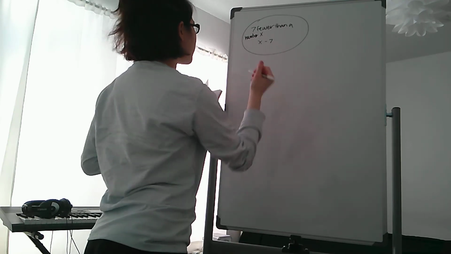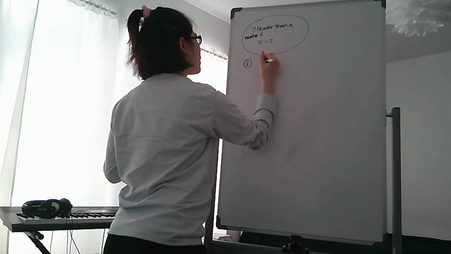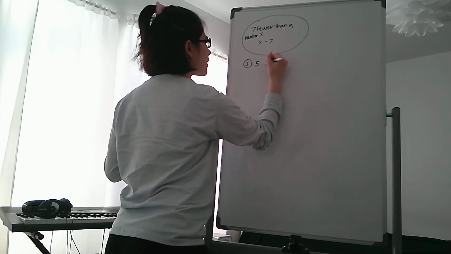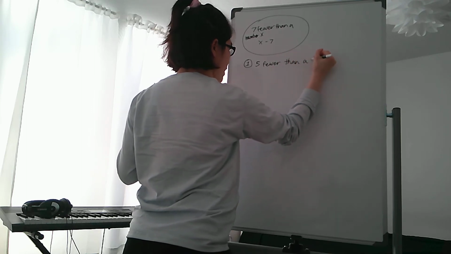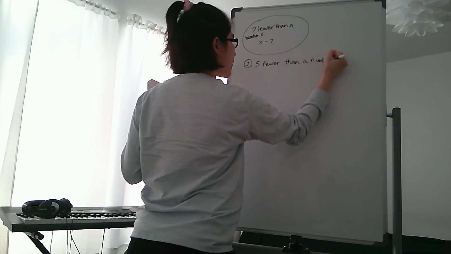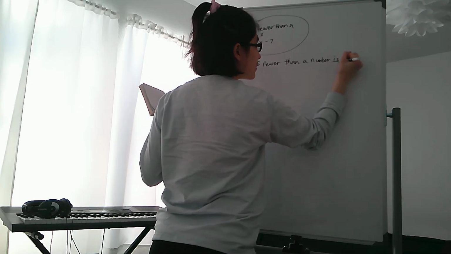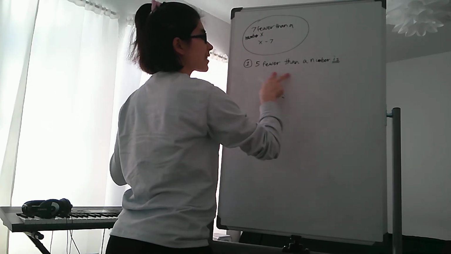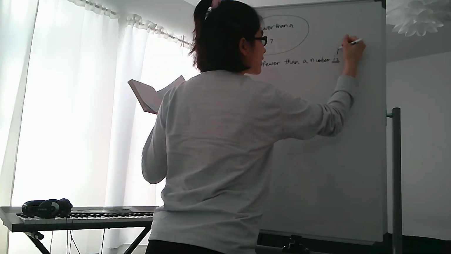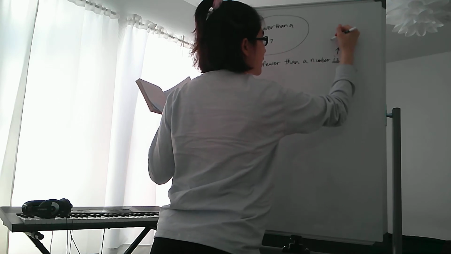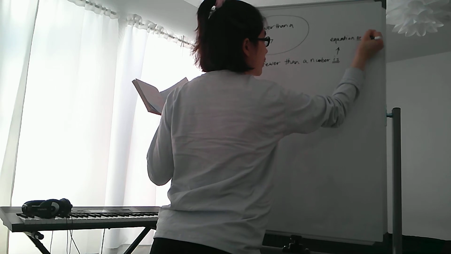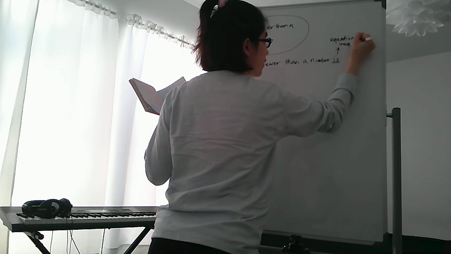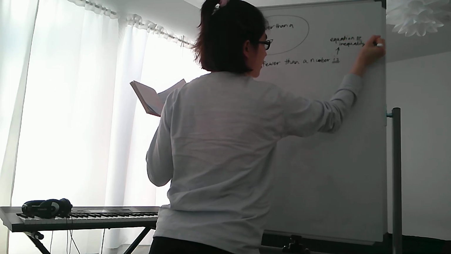So, let's say this one, 5 fewer than a number is, okay, and this is a new introduction. Before we just had the expressions, right? Is indicates an equation or inequality, depending on what the rest of that sentence is, okay?